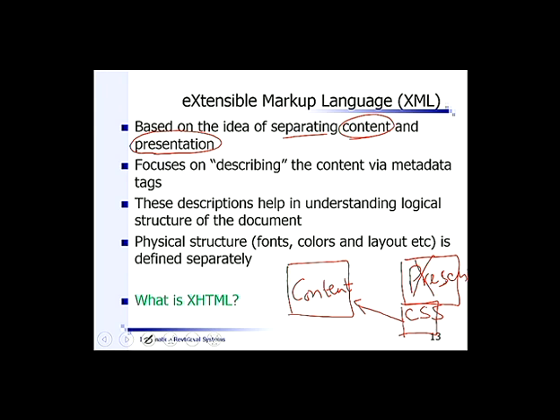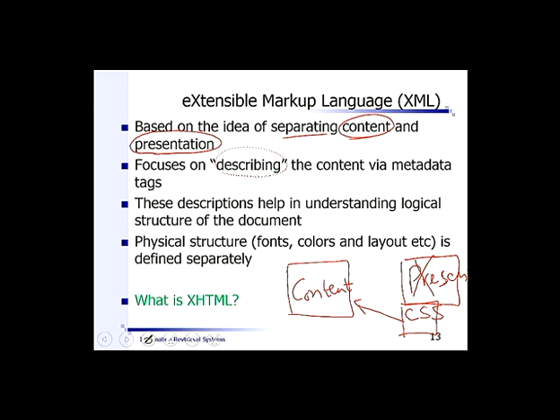So that these descriptions, it focuses on describing the content via metadata tags. So here in XML, the tags are not fixed. Their purpose is to describe the content, to explain the content, right? So the description will vary from one to the other document or the other requirement. So you can define your own tags and then attach them with any document.